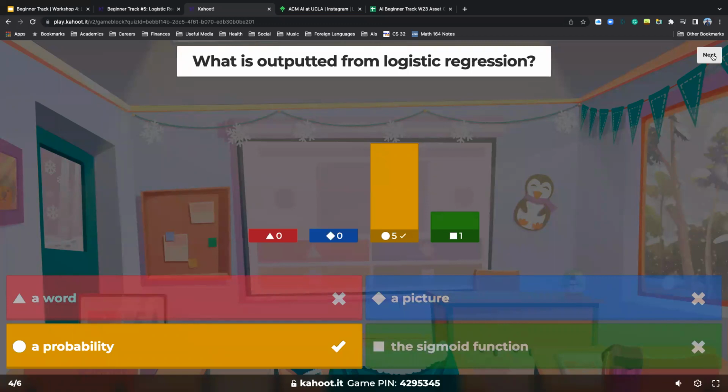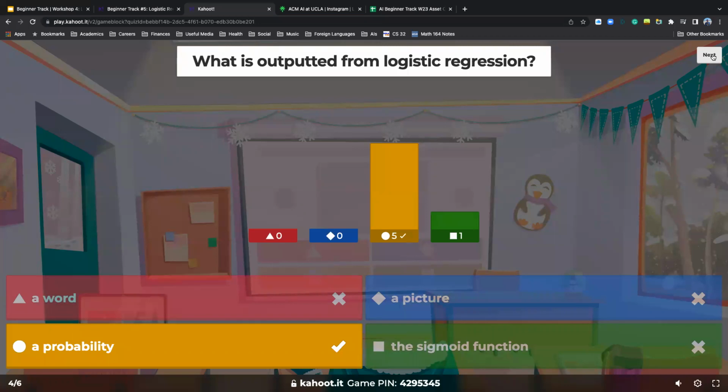Why did you pick yellow? Yeah, exactly. We're not outputting a function, right?